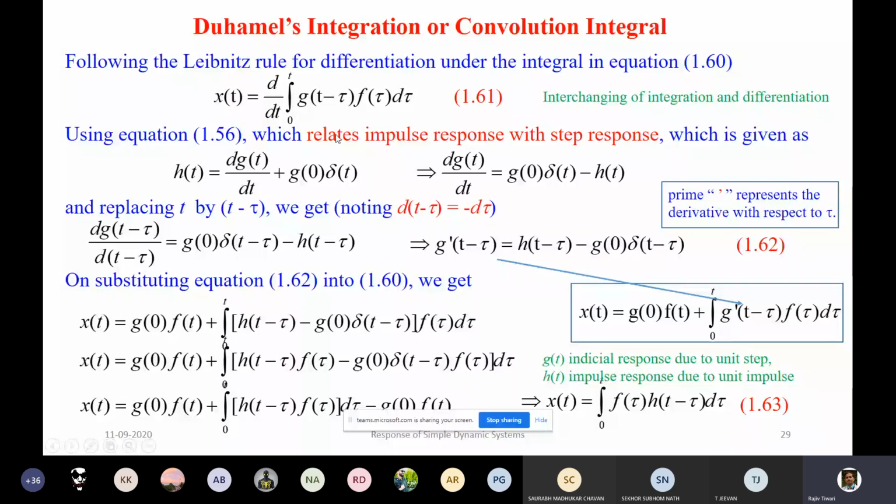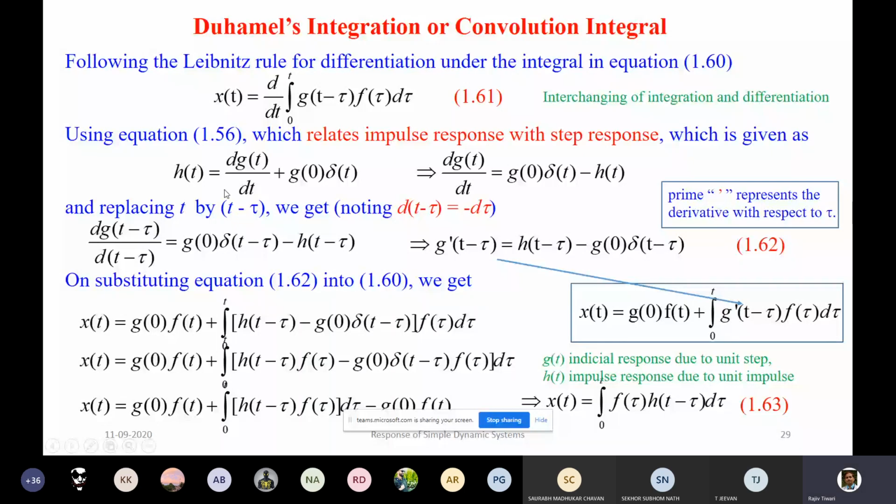In this expression we obtained earlier, g(t) is due to the step function force, and h(t) is due to the impulse. In the last class we related these two. Now we will use that relation to convert the convolution integral, which we derived in terms of g, into the convolution integral in terms of h.